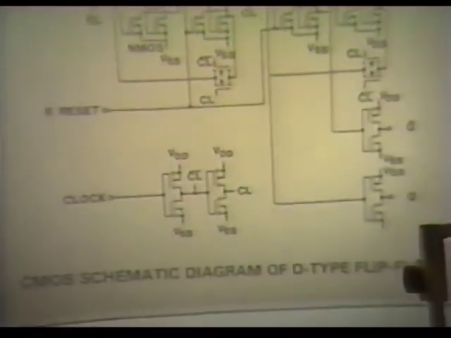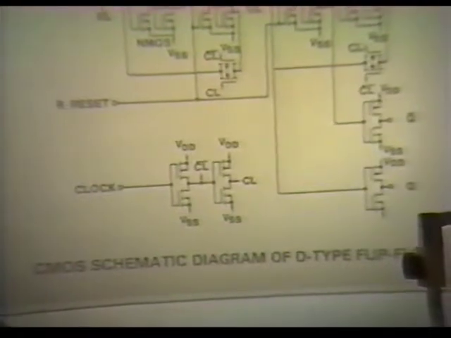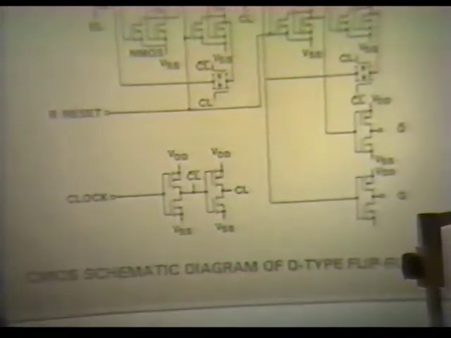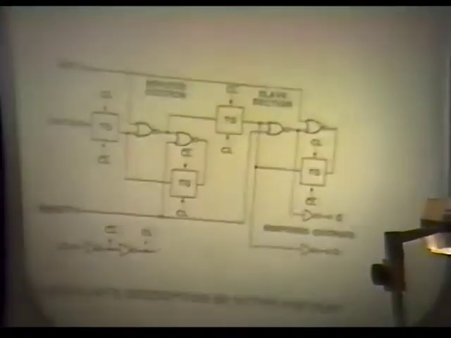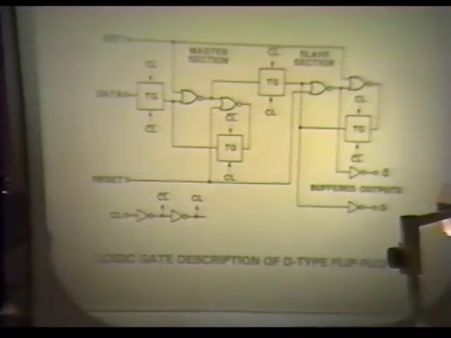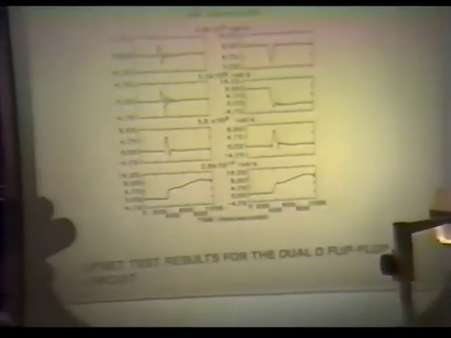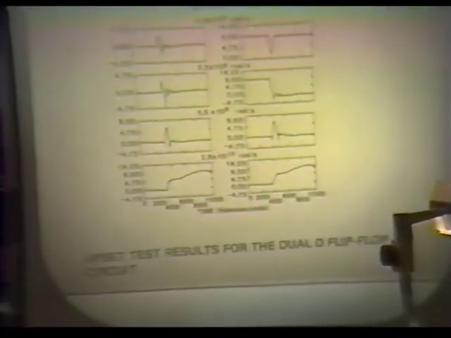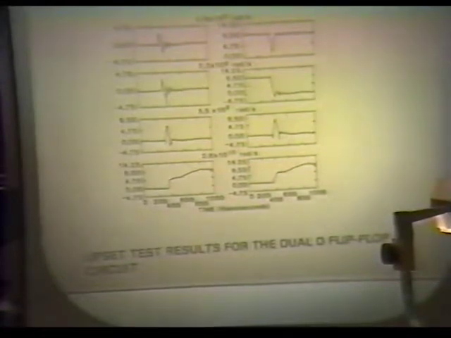So there it is, the master slave of one of the D flip-flops. And there's one, a blow up of the same thing. Now let me show you what I'm putting in: a radiation pulse that's 50 nanoseconds wide.